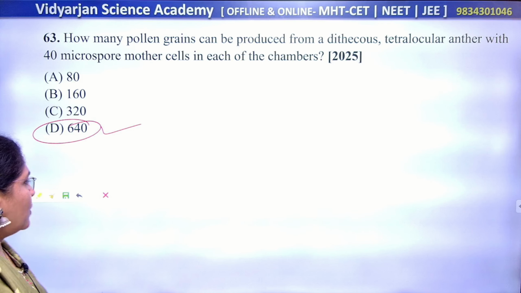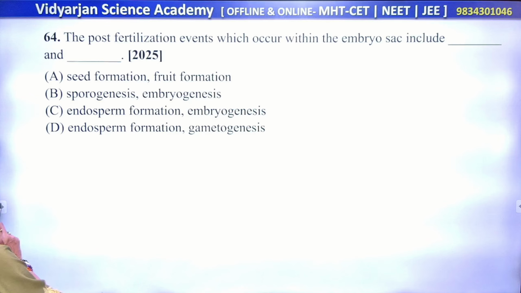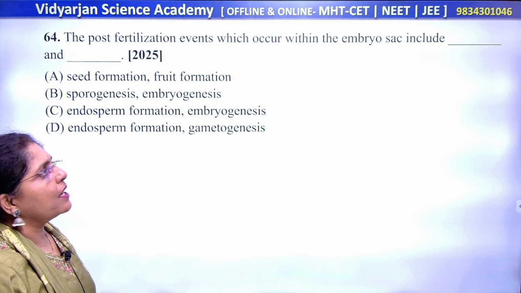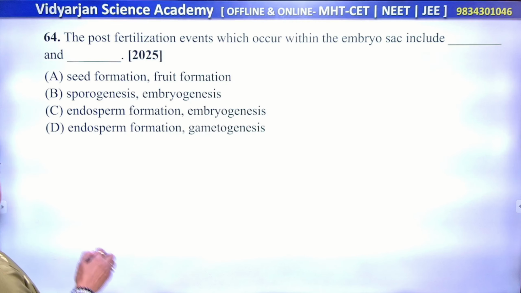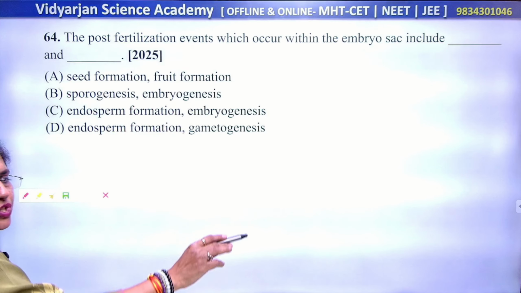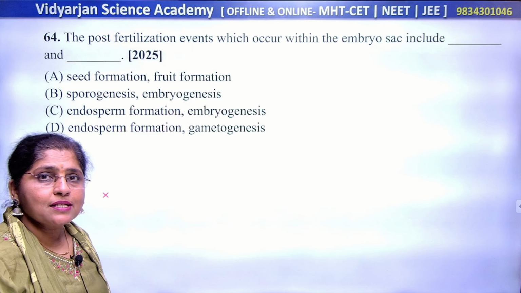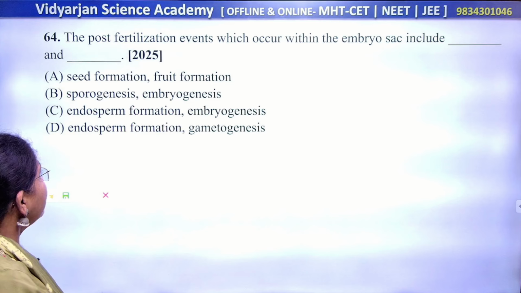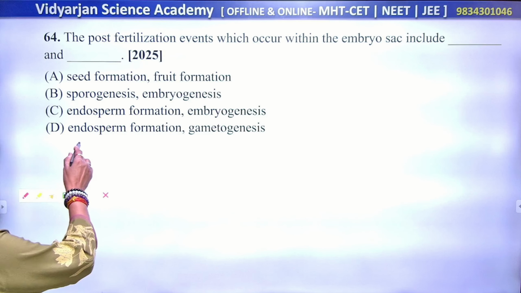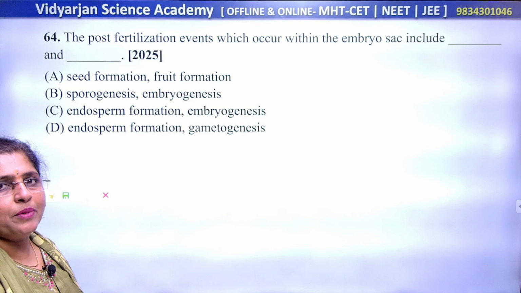Very simple. Okay. Next. The post-fertilization events which occur within the embryo sac include dash. And what is that? Seed formation, fruit formation. Next is sporogenesis and embryogenesis. Next is endosperm formation and embryogenesis, and endosperm formation and gametogenesis.